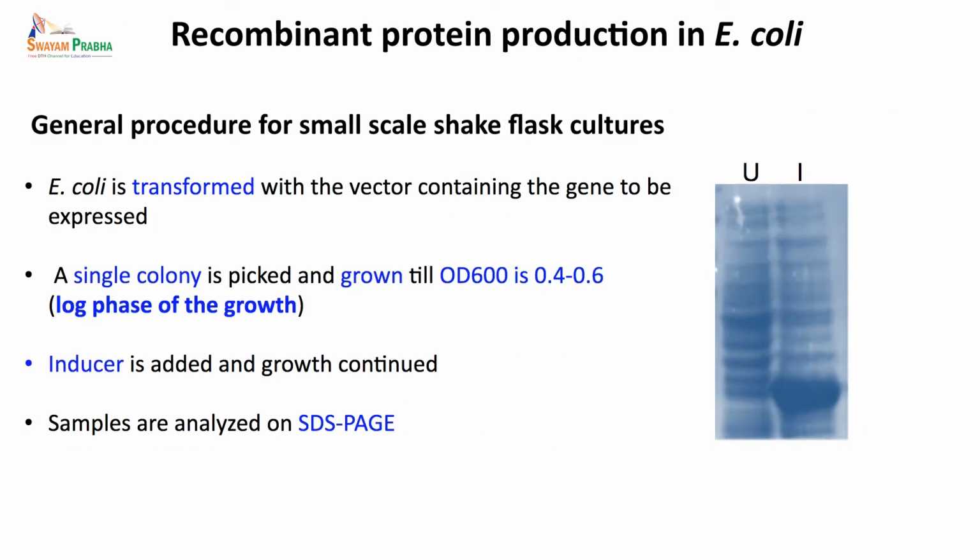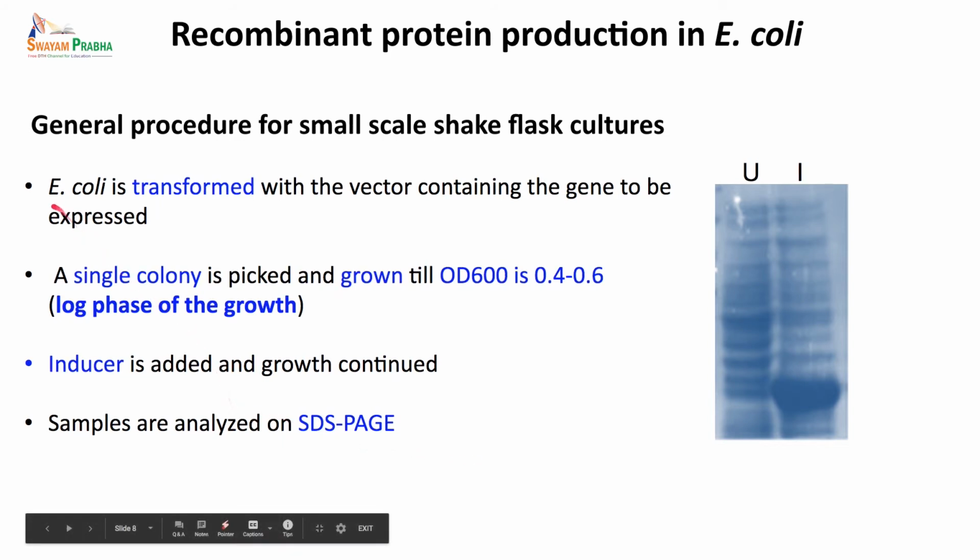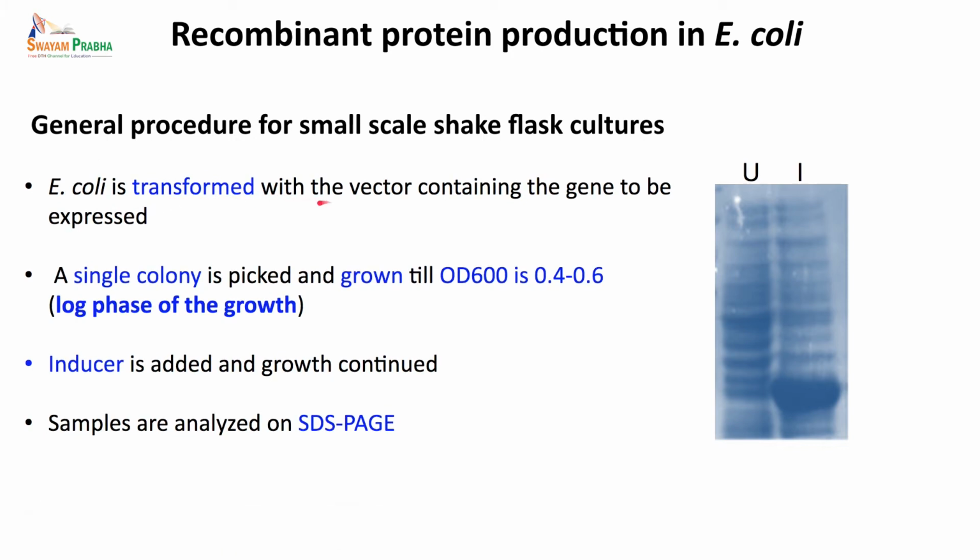So let's first go for a very general procedure that is very commonly used in the laboratories for laboratory scale protein production. The first step is, of course, to transform the E. coli with a vector which contains the gene from which the protein needs to be expressed. Of course this gene cannot have introns.